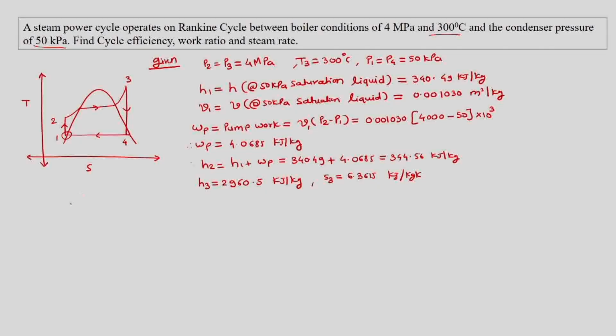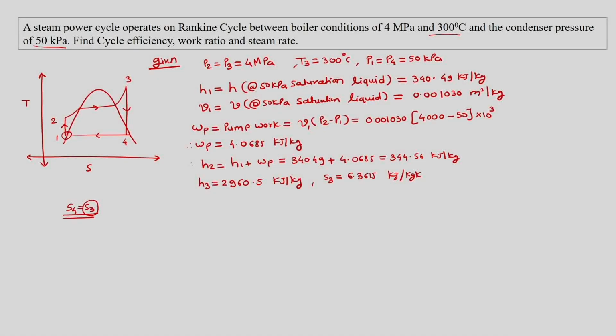Now we can find out the state 4, but for finding out state 4 we just first have to compare the fact that S4 is equal to S3. Now how should we proceed here? We will go to the steam table, we will go to the first the pressure part of the steam table, where we are told that the condenser pressure is 50 kilopascal.